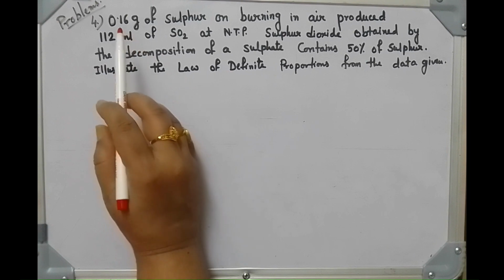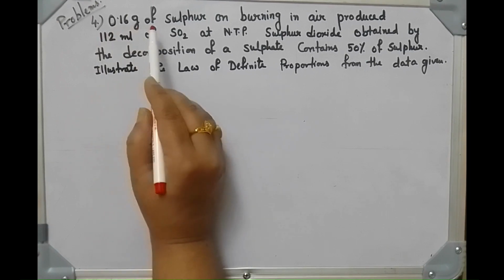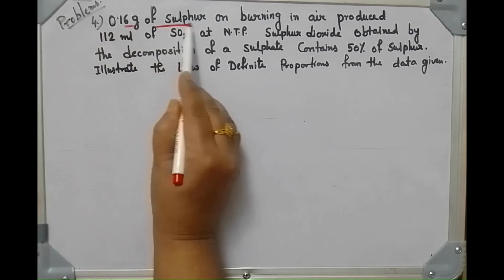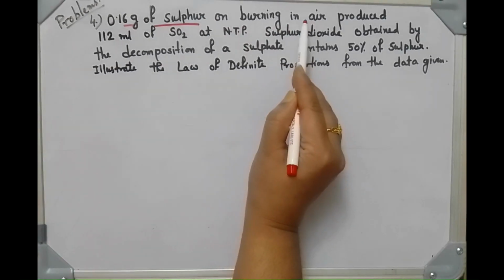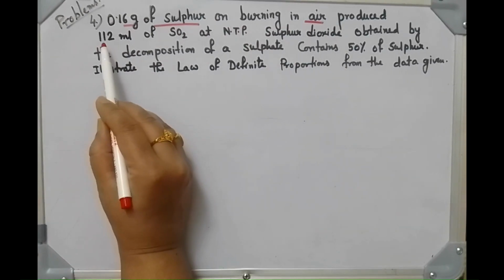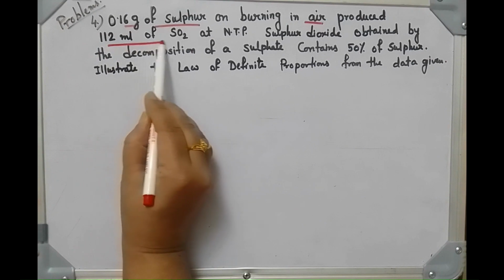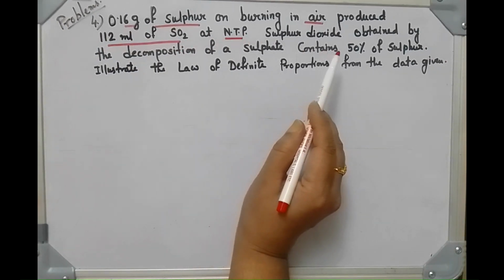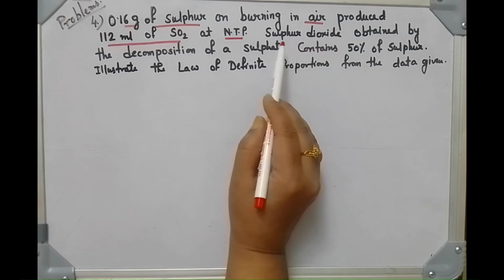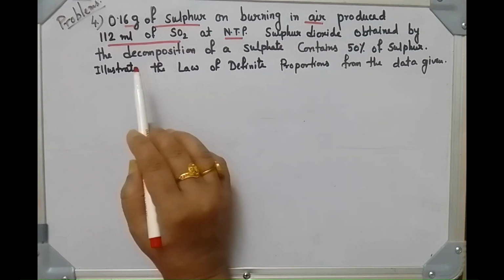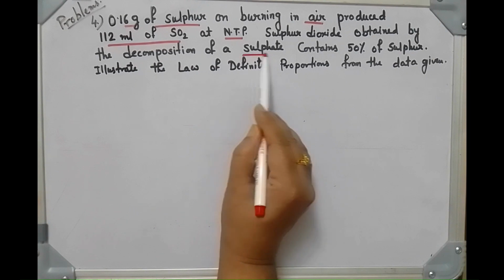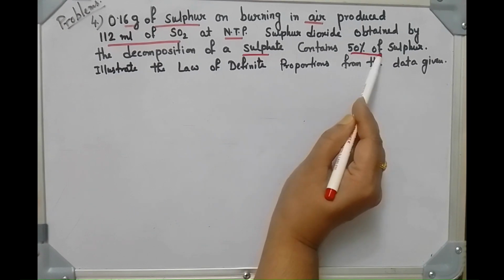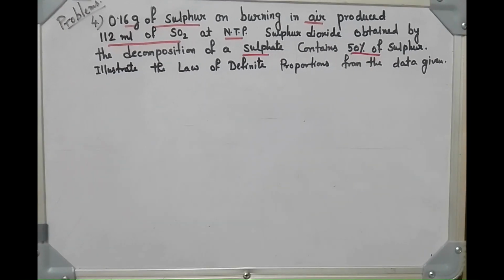It is given that 0.16 grams of sulfur on burning in air produced 112 ml of sulfur dioxide at NTP. Sulfur dioxide obtained by the decomposition of a sulfate contains 50% of sulfur. Illustrate the law of definite proportions from the data given.